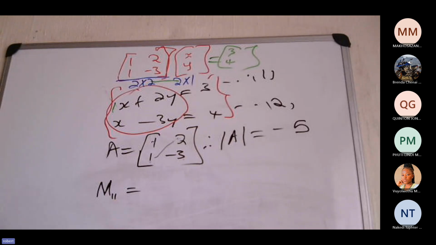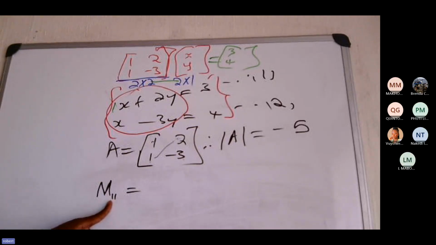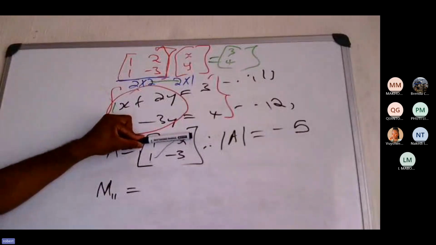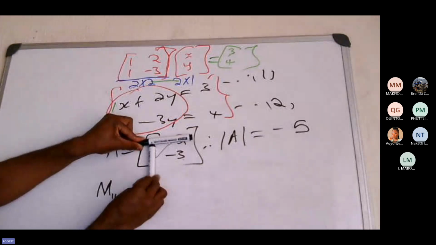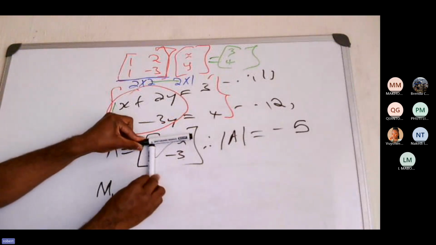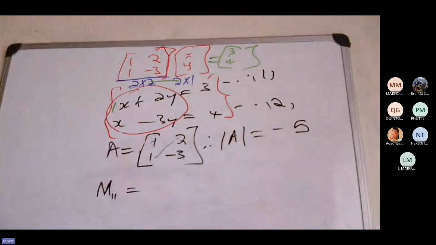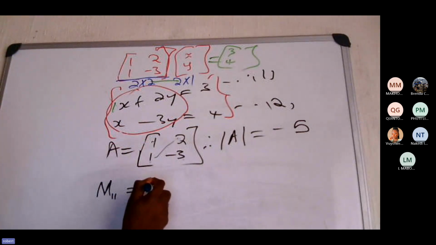So what is the minor of 1, 1? The first number refers to the row, meaning you cover the first row. The second number refers to the column, meaning you cover the first column. Then you find the determinant of this. The determinant of this will just be 3.